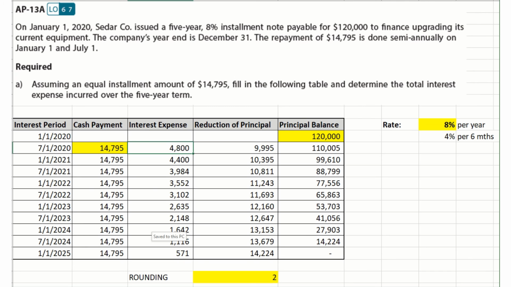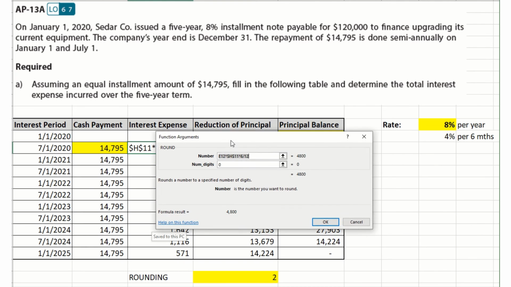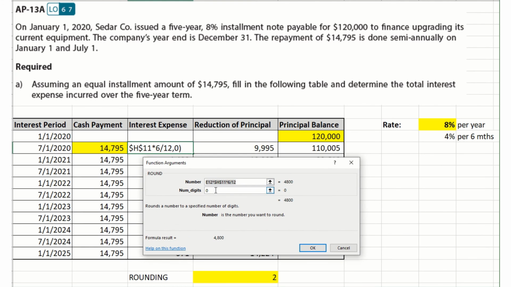In this cell, you'll see that I've put in a ROUND formula to take the balance prior to that payment of $120,000, so that's cell E12, times the rate, which I've linked to 8%, and then we want 6 months out of 12, so you'll see times 6 out of 12. So 6 months out of 12 will determine our interest expense, and I want to round that to have no decimals.